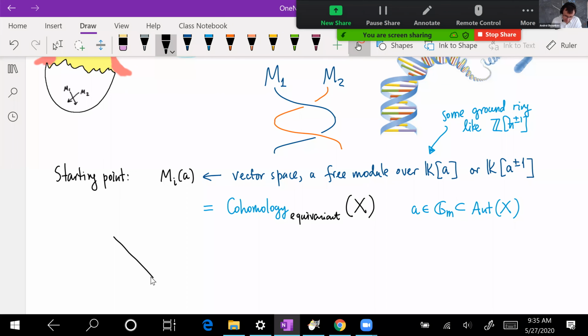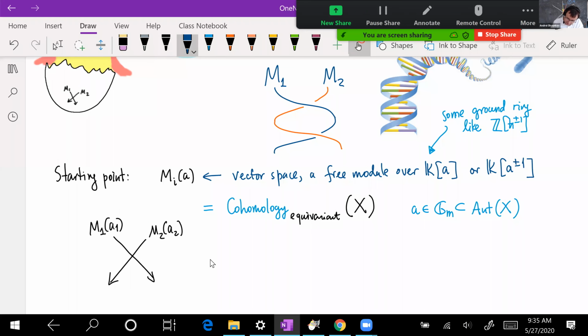So maybe M1 of a1, M2 of a2, and then there's this R matrix that acts on their tensor product and satisfies the Yang-Baxter equation, which you can see behind me. Oh, I'm sorry, not behind me. It was the last lecture. You could see it behind me.